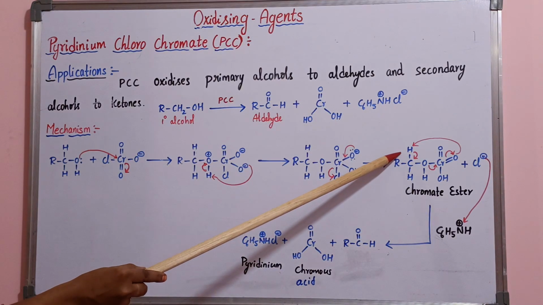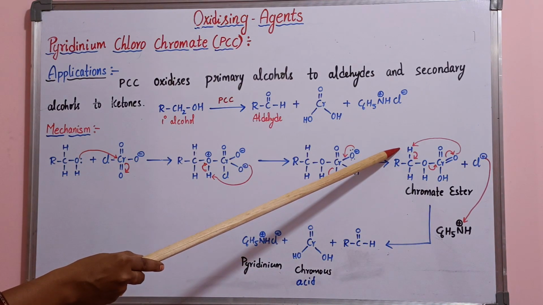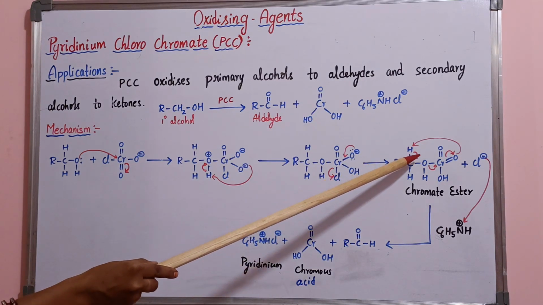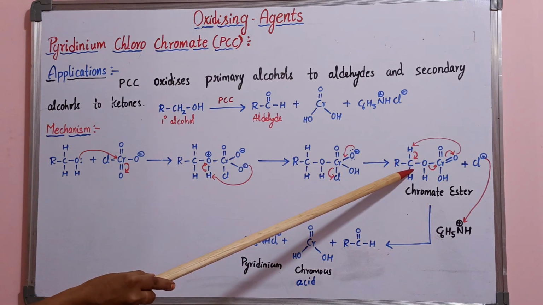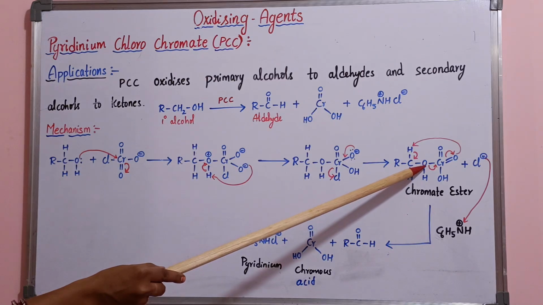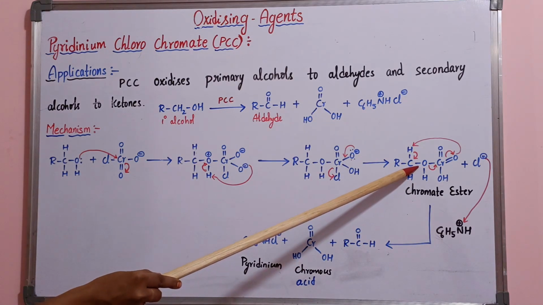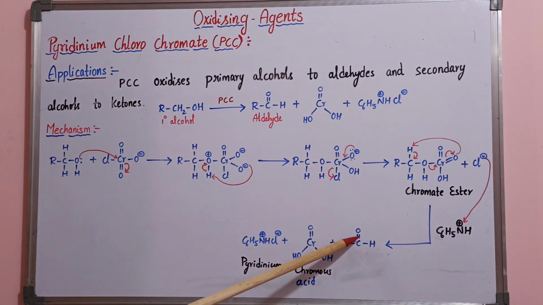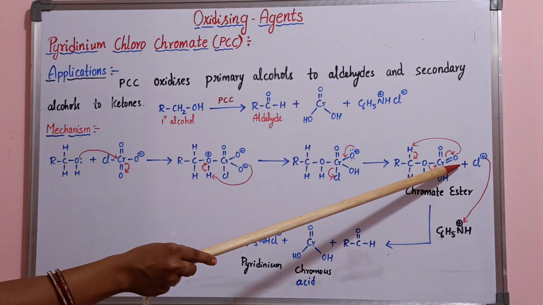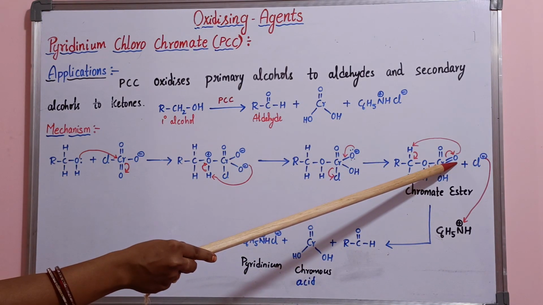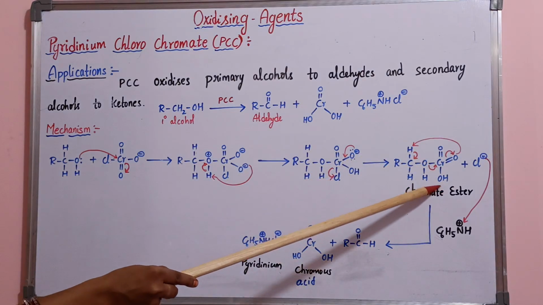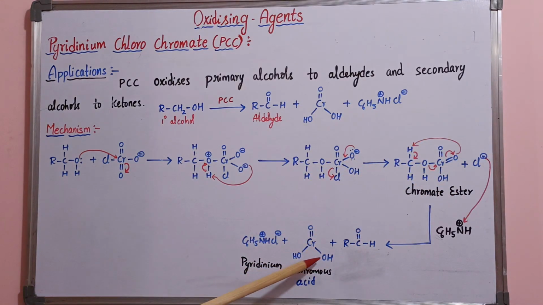I am shifting the bonded electrons towards carbon, so carbon gets negative, and this oxygen, which already has a positive charge, forms a double bond with it. This hydrogen reacts with the oxide O minus ion, forming an OH bond. This comes out as chromous acid.